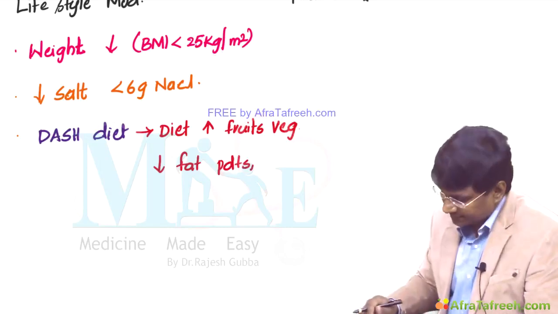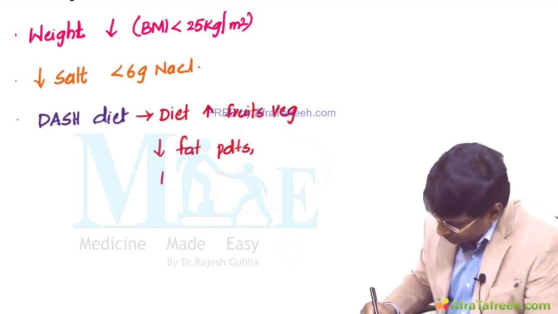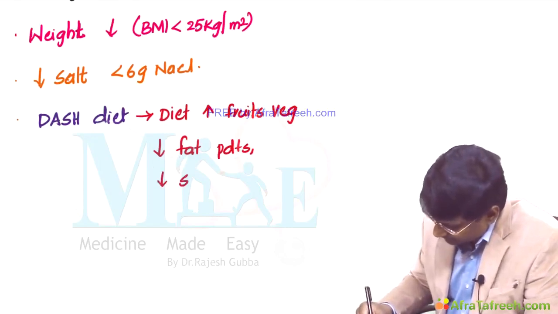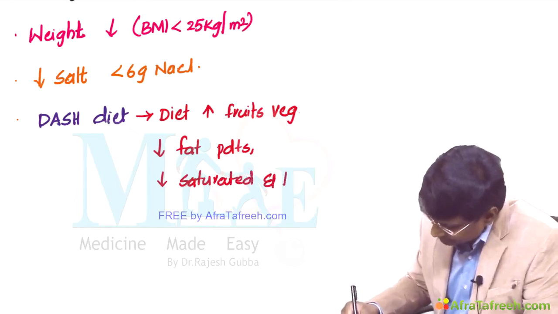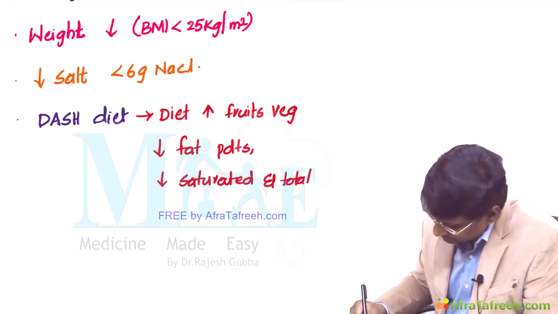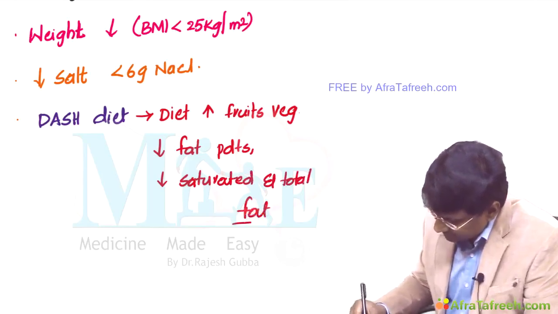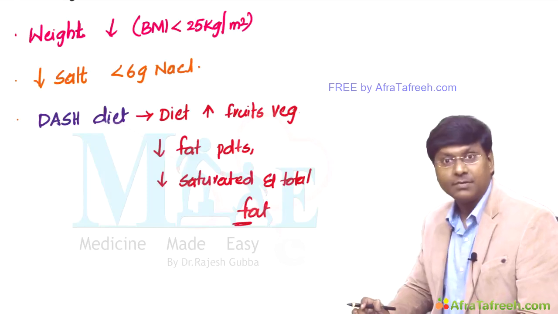And the diet should contain reduced content of saturated fat, reduced content of saturated as well as the total fat. So this is what is called the DASH diet, okay?